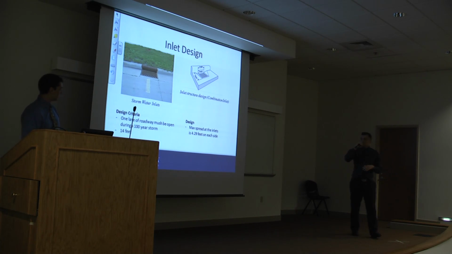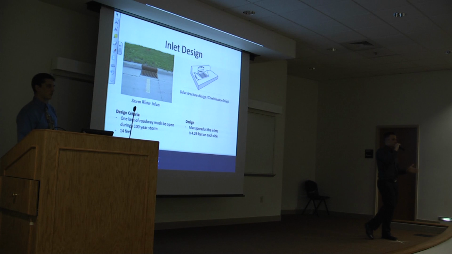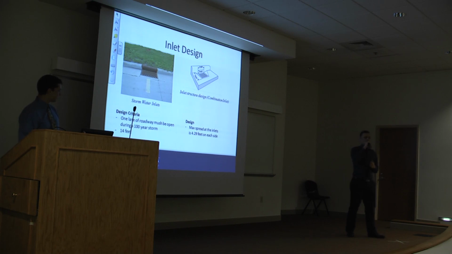One design criterion we had to meet for the stormwater inlets was to keep one lane of the roadway unflooded during a 100-year flood. So we needed to have 14 feet of roadway without any water on it. After running our analysis, we came up with a 4.29 foot spread on the roadway, which is how much water was going out from the inlet, so we had plenty of room left for cars to pass.